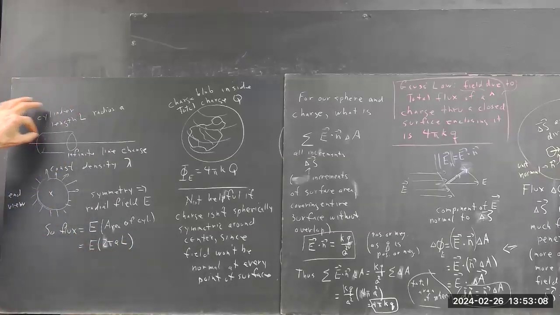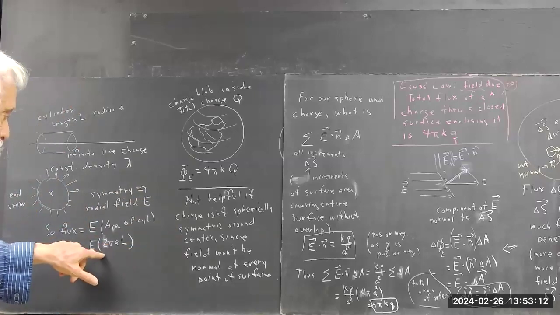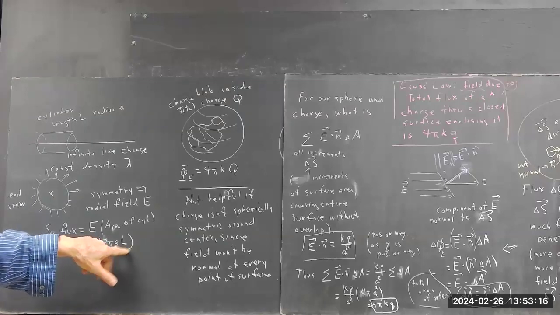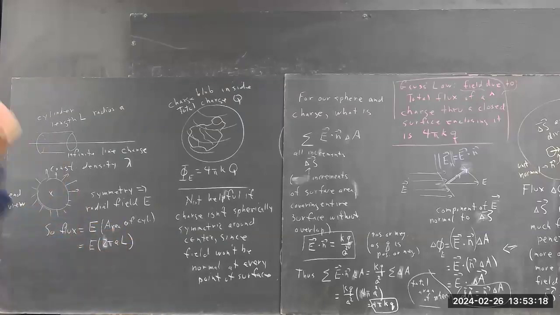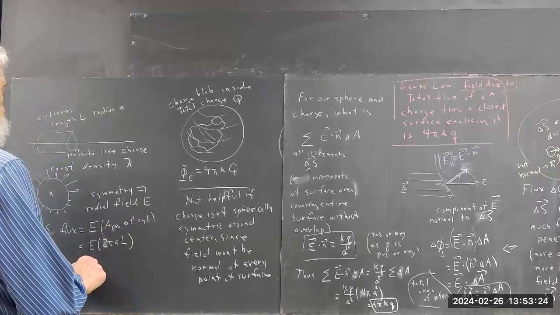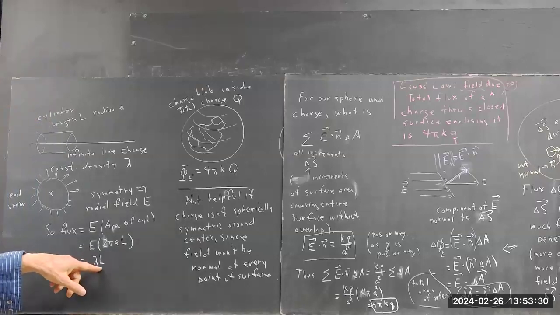If you cut this thing and unfold it, you get a rectangle whose one dimension is the circumference, 2 pi a, and the other is the length. Roll up a piece of paper, convince yourself of that. But this flux equals lambda times L.